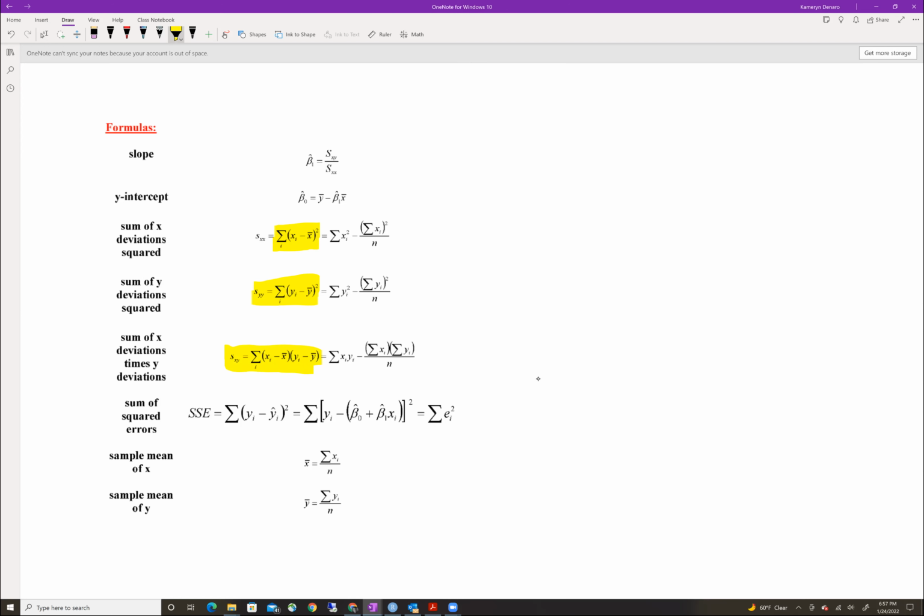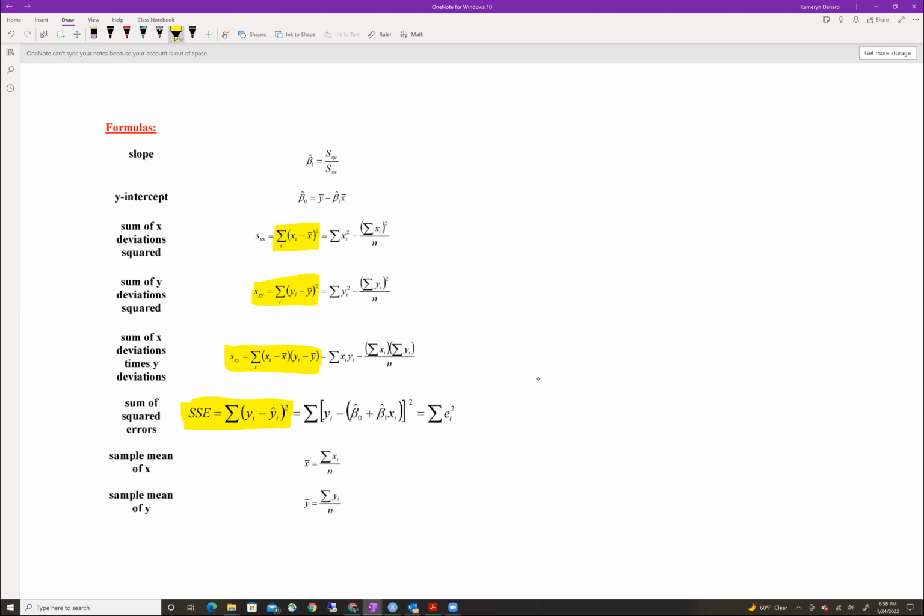For the sum of squared errors, errors, remember, are from the observed value to the predicted value. So those are our yi's minus our y hat i's, squared, and summed up. That gives us our sum of squared errors.